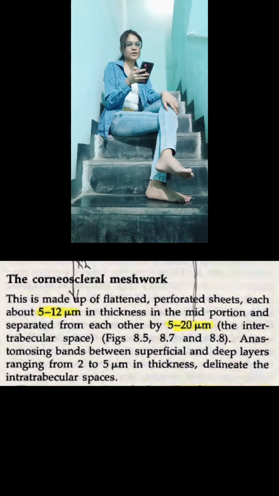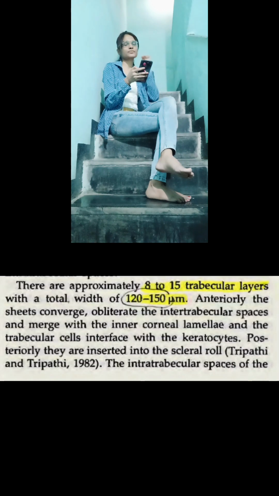Anastomosing bands between superficial and deep layers, ranging from 2 to 5 micrometer in thickness, delineate the intratrabecular spaces. There are approximately 8 to 15 trabecular layers with a total width of 120 to 150 micrometer.